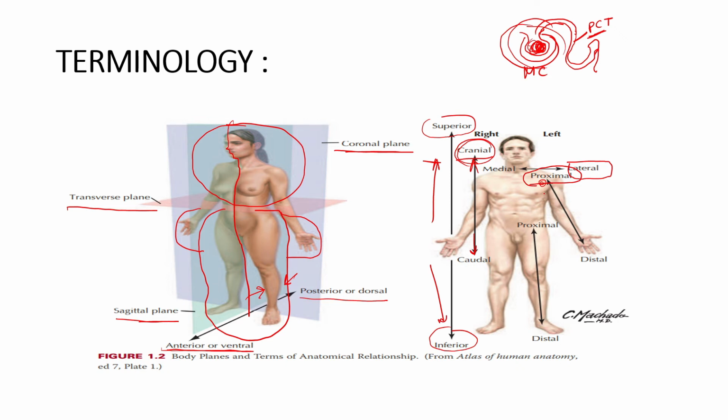So proximal means, suppose this is our body, nearer to body this portion is proximal, and our palm is far from our body, so it is called distal. Here also terms comes in the nephron. We know that proximal convoluted tubule, okay, after that Henle loop used to come, then distal convoluted tubule used to come, DCT.